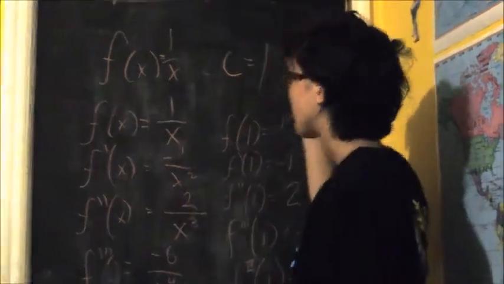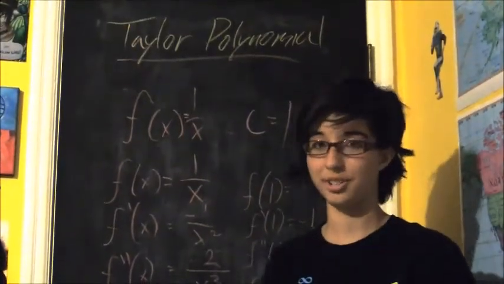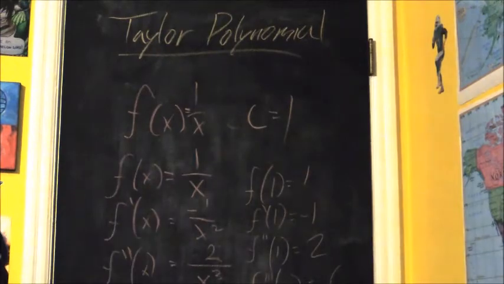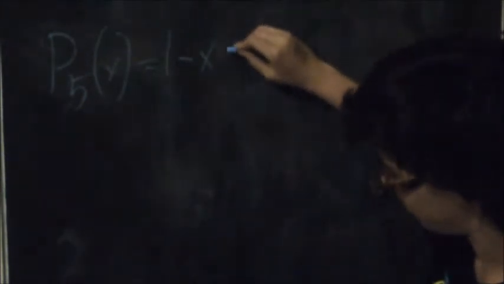So here we have our Taylor polynomial. We're not done. We need to write it in our format. So our P5 of x comes out to be 1 minus 1 times x minus 1.